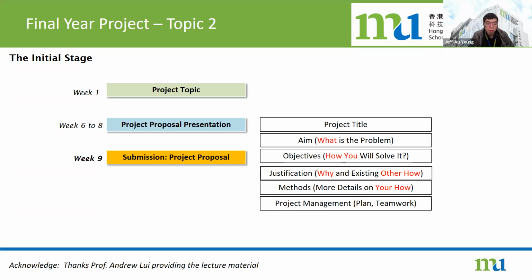In the project proposal, we are going to look at a couple of things. Of course, the project title. You have to tell me what exactly you want to do, so you need to come up with a title. For the full-time undergraduate project, most of the titles are already provided by your supervisor, but the topic may be very broad.